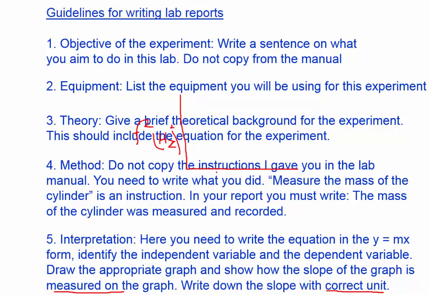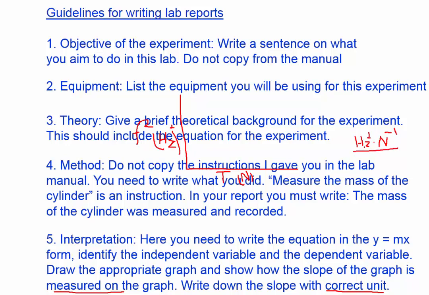And tension is the force. And what's the unit of force? Newton. Therefore, what is the unit of slope? It is hertz squared divided by Newton, which we write like this, Newton to the power of -1.